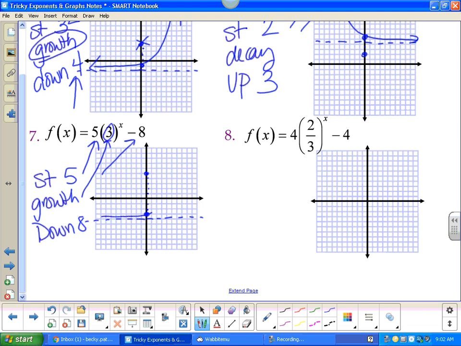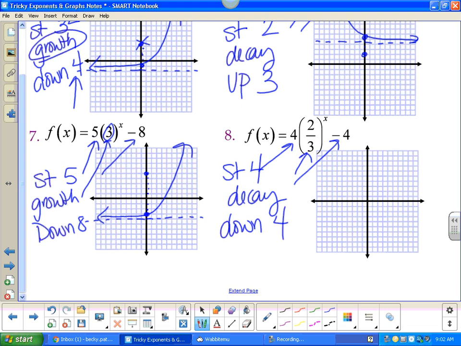Growth starts low, gets big. Okay, this one starts at 4, decay because that's smaller than 1, and down 4. So starts at 4, down 4, asymptote is 1 below it, and decay. Decay starts big and gets low.